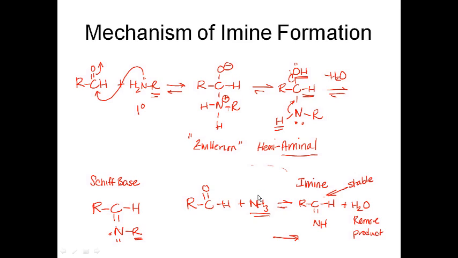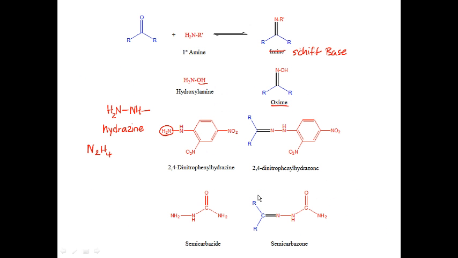Now, let me go back to this slide for a minute, because what happens in these reactions is that you get 100% formation, particularly with 2,4-dinitrophenylhydrazine. If you react that with a ketone, you get 100% formation of the 2,4-dinitrophenylhydrazone. And here's one of the reasons for that.